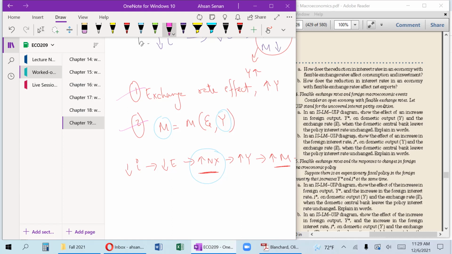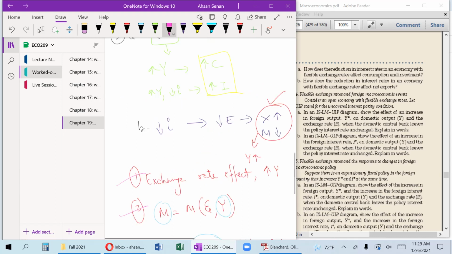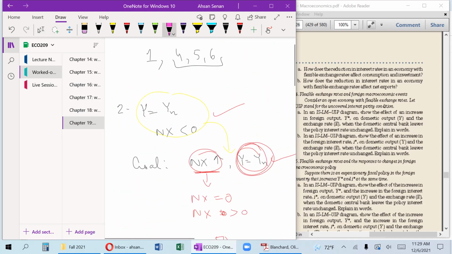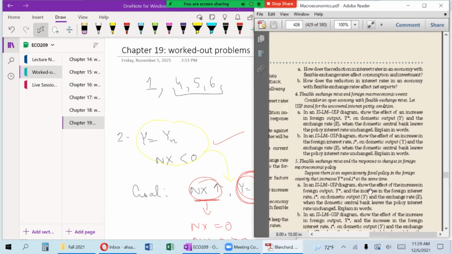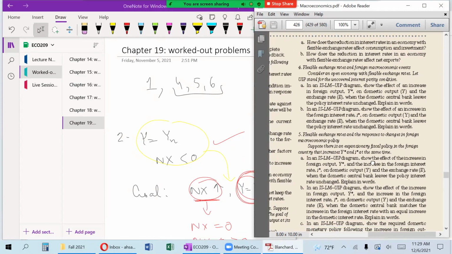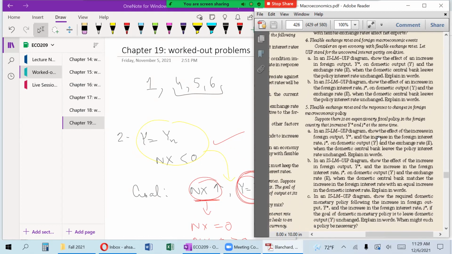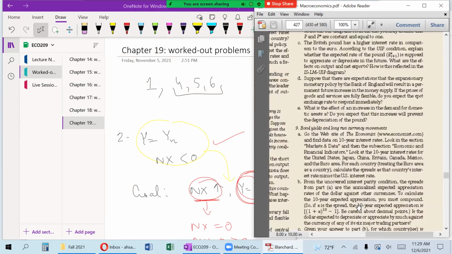And I think that's all that I'm going to do. 2 and 3, that's enough. As I've said, you guys should try to do number 4, 5, and 6. As you see, number 4 has to do with the uncovered interest parity condition. Number 5 also has to do with the uncovered interest parity condition.